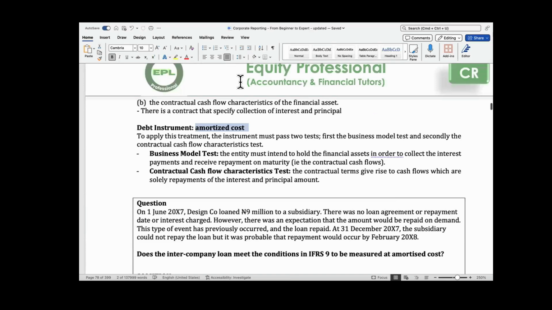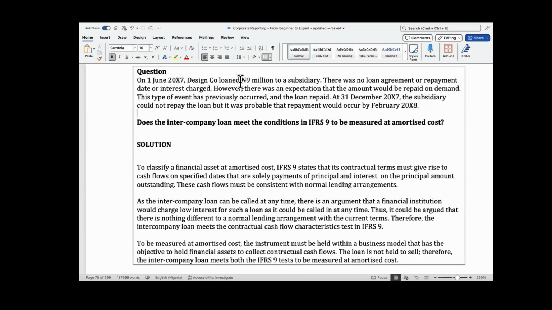So then I said, can you classify or measure that loan notes, that loan you gave to that subsidiary, at amortized cost? Yes, you can. And the major reason is because you are not selling. You don't intend to sell. You want to get repaid whenever you need it.